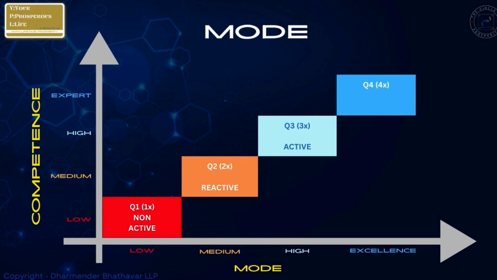The next one here is proactive. What exactly do we mean by proactive? The competency of that individual is at the expert level and they are ready and prepared for any mode with excellence. A proactive approach is a forward-thinking and anticipatory stance towards situations, challenges and goals.